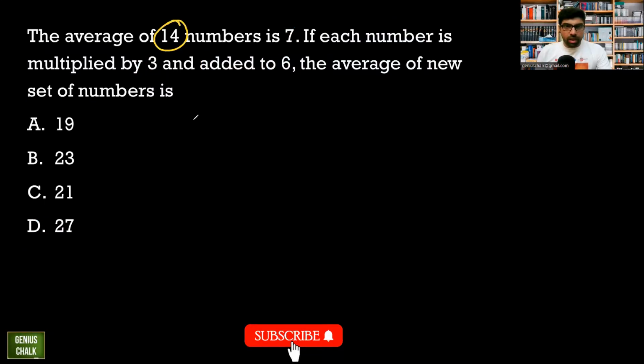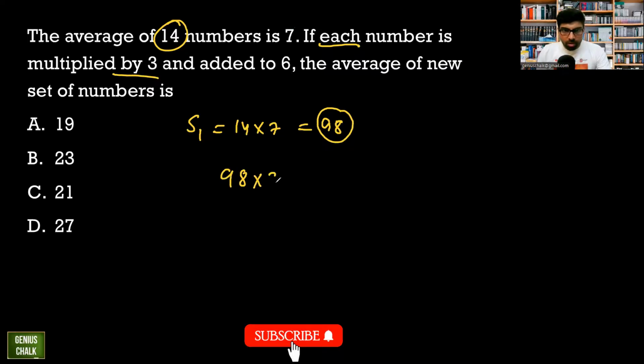The average of 14 numbers is 7. That means what is the sum? The sum will be 14 into 7. That is 98. That means the sum of all the 14 numbers is 98. Now, each number is multiplied by 3, so this sum will be multiplied by 3. And then each number is added to 6 as well. There are 14 such numbers. So 98 times 3 is 294, and 14 6s are 84.